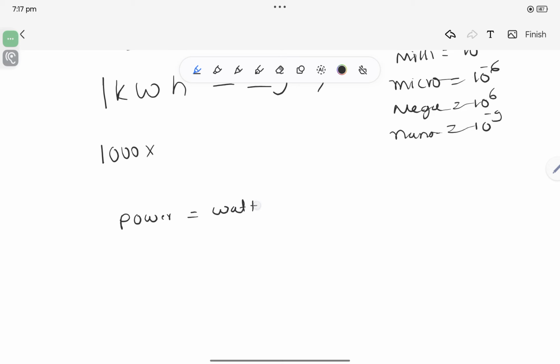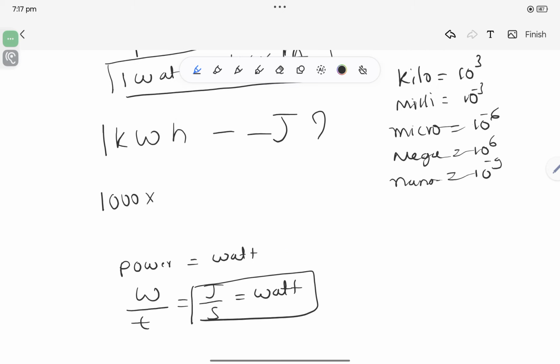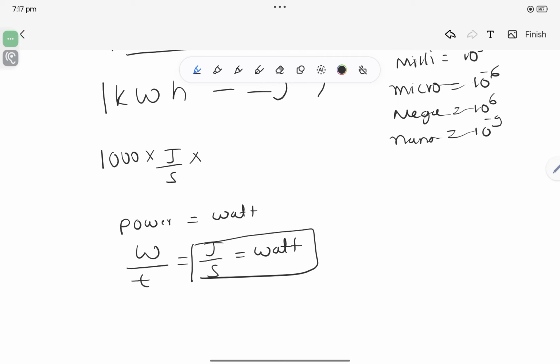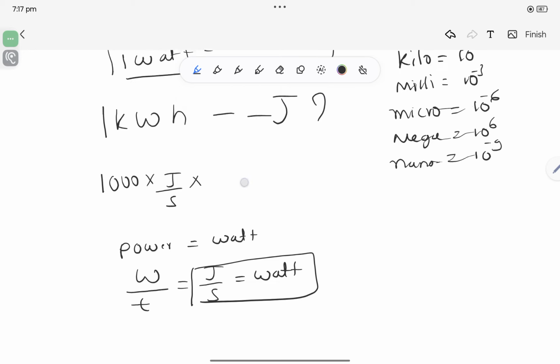Power we can write as work done by time. The SI unit of work done is joule, and time is second. So watt we can also write as joule per second. Here we want joules, so the hour you have to convert into seconds.